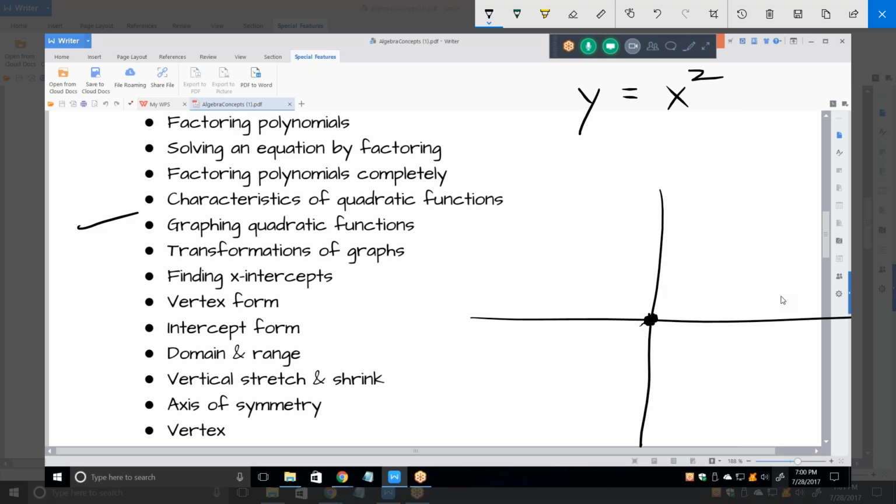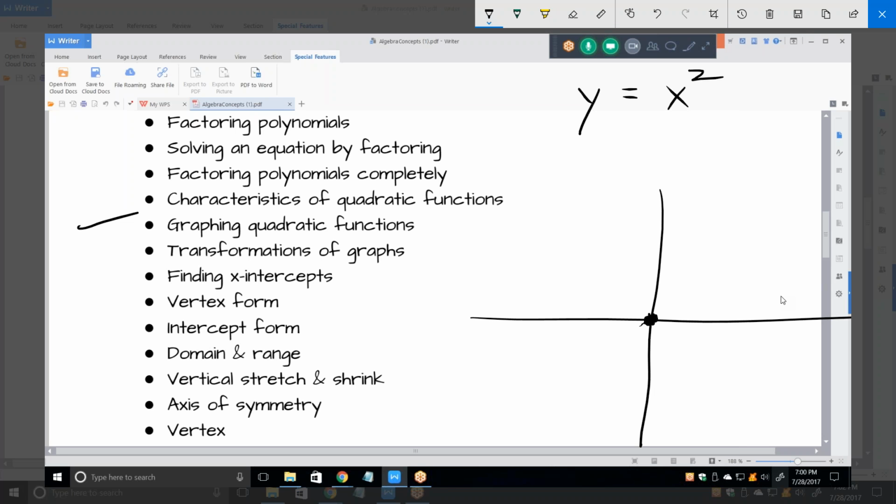Now give me another point. Pick another value for x and tell me what the y value is, and that xy coordinate is on this graph. Okay, so x would be 1. So then it would be 0, 1.